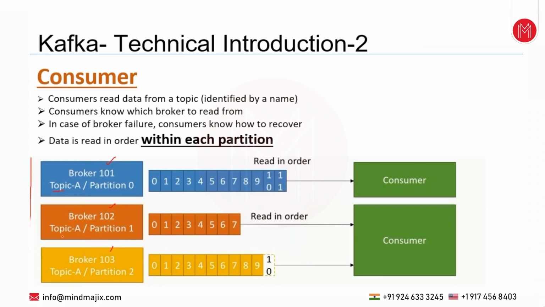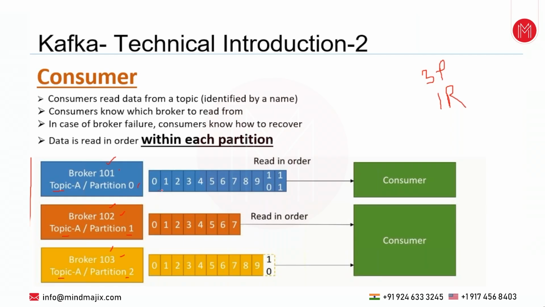There is a topic with 3 partitions and a replication factor of 1, which means every partition has only 1 copy. Partition 0 is in broker 101, partition 1 of topic A is in 102, and partition 2 of topic A is in 103. Let's assume each partition has some messages.